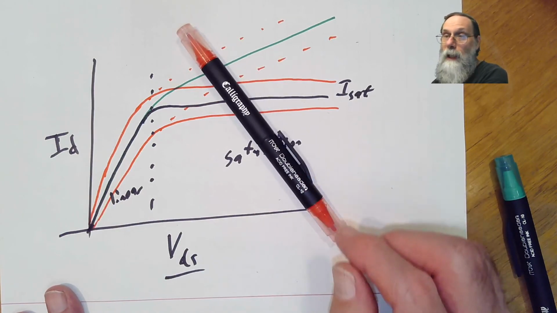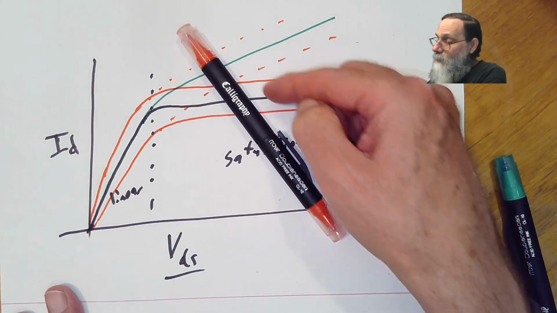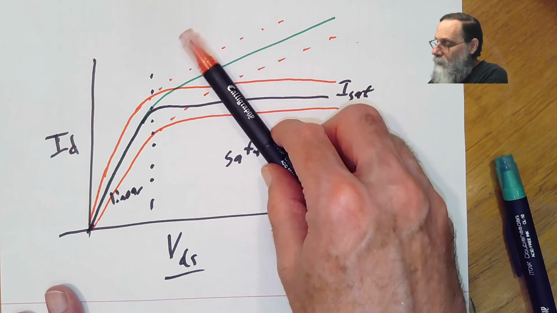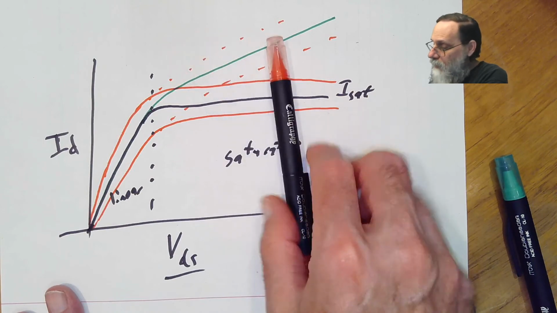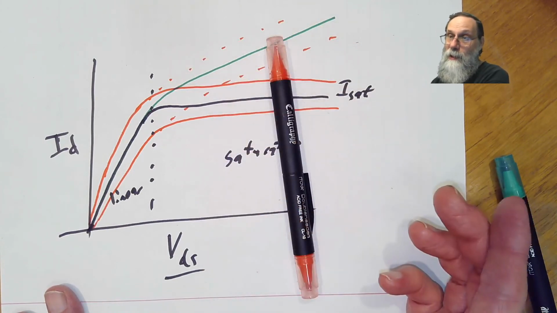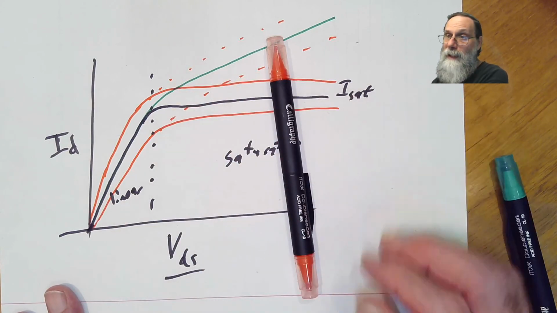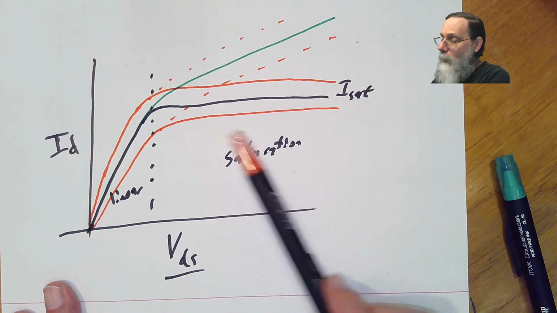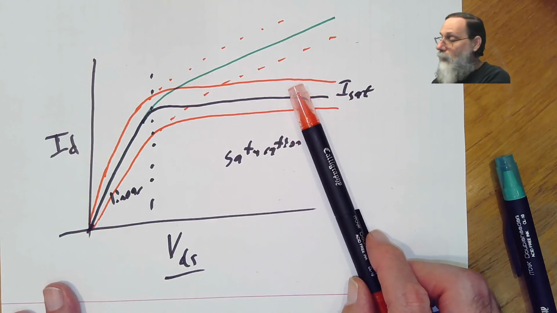If we have a load line, we'd really like to be in the saturation region so that it doesn't make much difference what the slope of that load line is, that we get the same change in current as a result of the change in gate to source voltage wherever we are on that line. So usually when people are using a microphone, they want to operate in the saturation region.